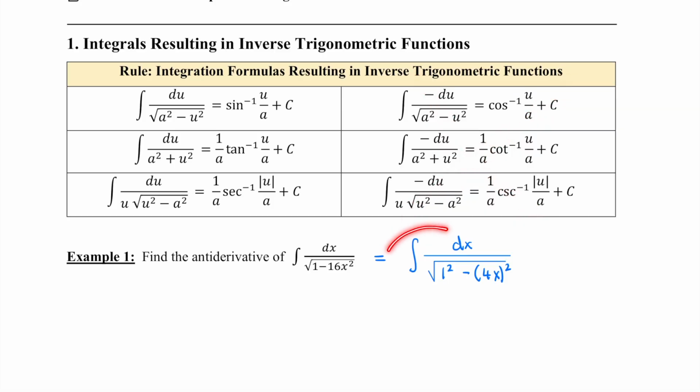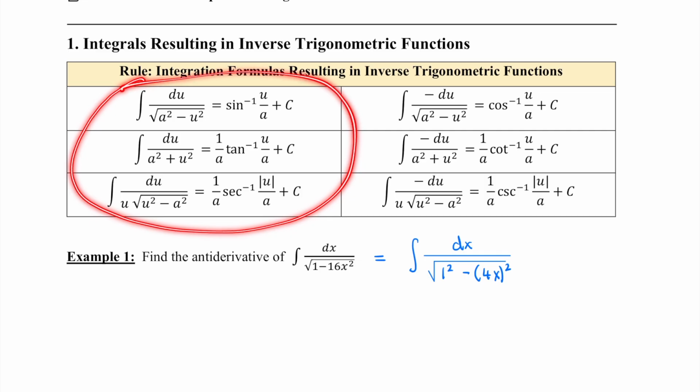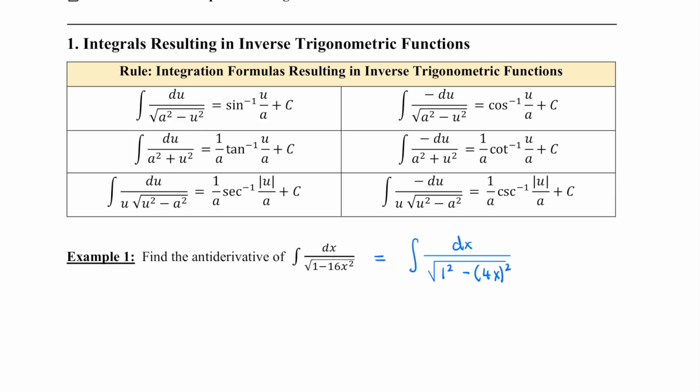I am going to compare this with the formulas on the side of the table. I need a square root in the denominator, so this one is eliminated because it does not have a square root. I want a square root of a constant squared minus an expression squared.